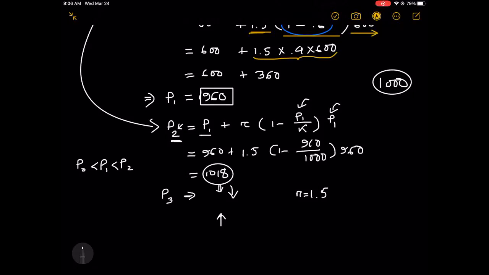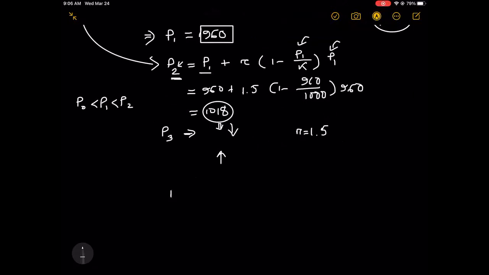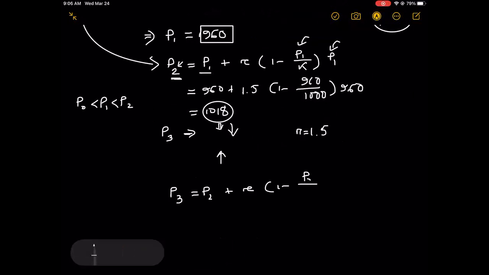And you can actually calculate it mathematically as well. Let's see what happens with P3. If we calculate P3, this will be P2 plus R times 1 minus P2 over K times P2.